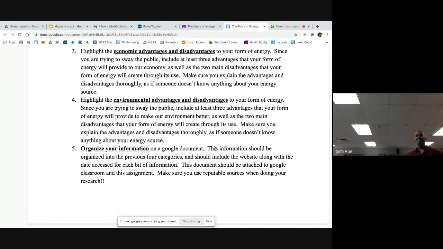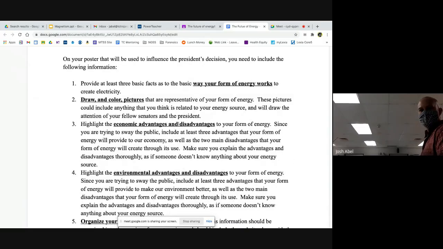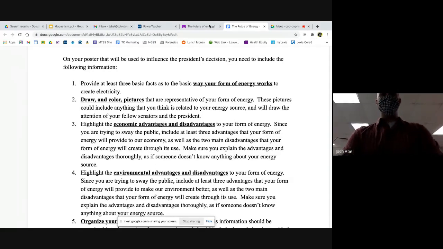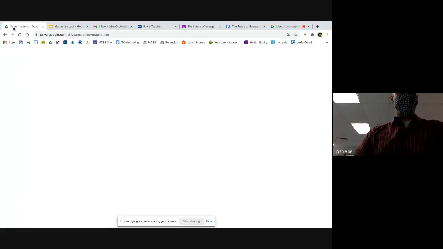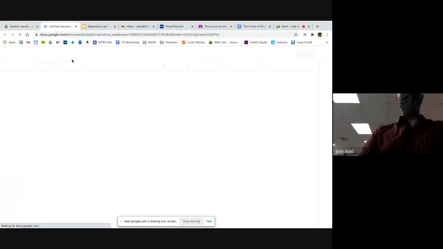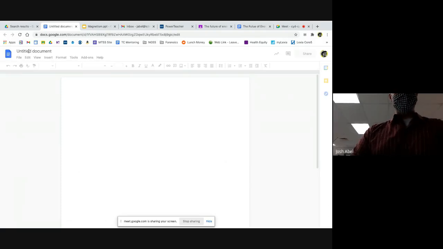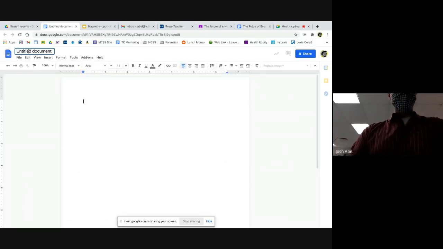Okay, so if you notice, there are 4 main sections that we did up here. We did how it works, your pictures, I'll show you what I want to do there, and then economic advantages and disadvantages and environmental ones. So what you can do is I'm just going to really quick throw up a new document so you guys can see it. So if you wanted to organize this, I think I would probably call it energy notes, but you guys call it whatever you want.